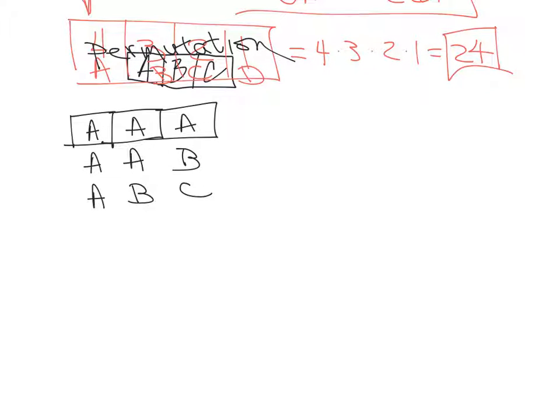So if I do that, then I have a choice of 3 letters here, and if they can repeat, I have a choice of A, B, and C here, and I have a choice of A, B, and C there. So that gives me 27 different options or different permutations or ways of arranging A, B, and C if I can use A 1, 2, or 3 times, B 1, 2, or 3 times, or C 1, 2, or 3 times. Okay?